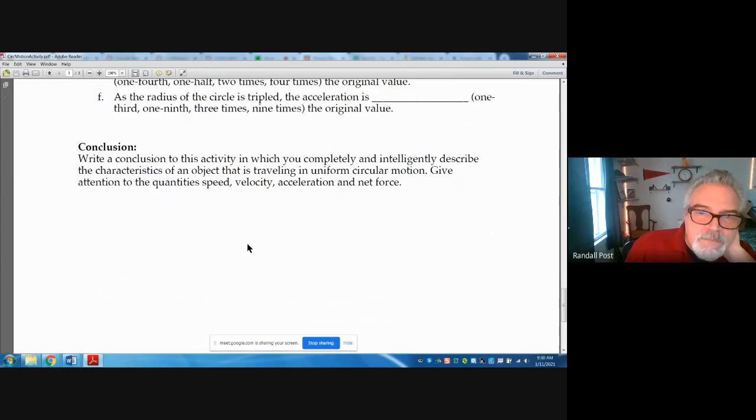Can you write a mathematical relationship between what happens to acceleration with speed? Right? Is it directly proportional, inversely proportional, squared? Right? Does it go as the square?